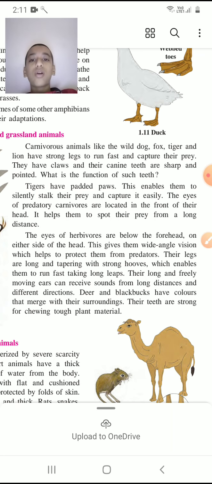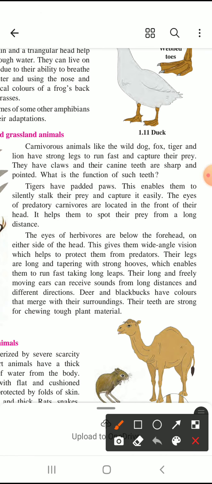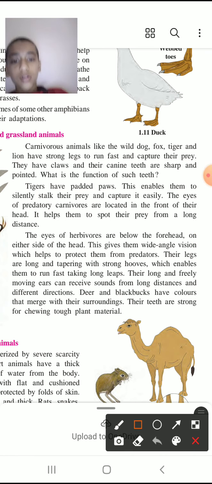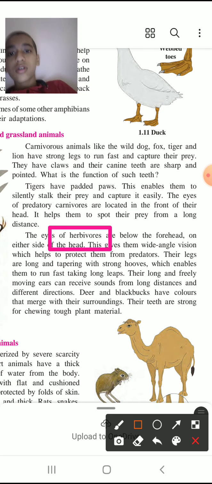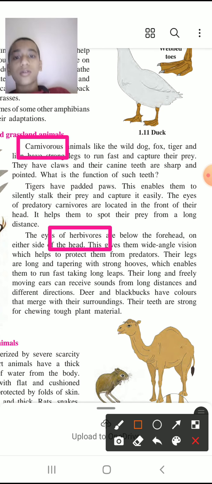See, it is not virus, it is herbivorous. Here they have shown herbivorous. This word is herbivorous. This is carnivorous. The eyes of herbivorous animals are below the forehead on either side of the head.